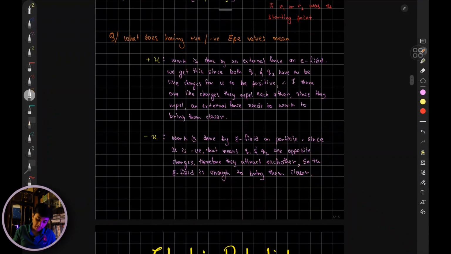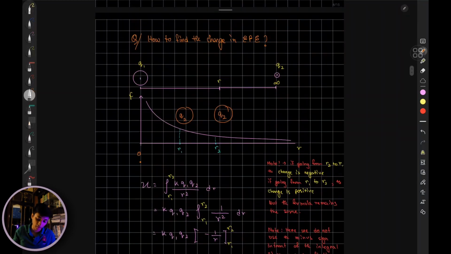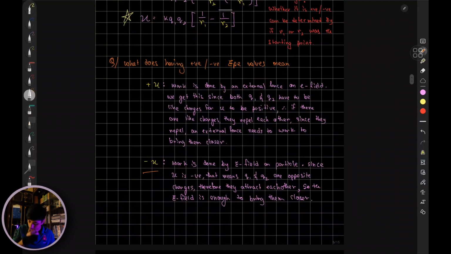Great. When EPE is negative, what's happening is work is done by the electric field. Remember, I talked about the charge of this field attracting this charge. Yes, that is what I mean by work is done by the electric field on the particle. Right, since electric potential energy is negative, that means Q1 and Q2 are opposite charges.